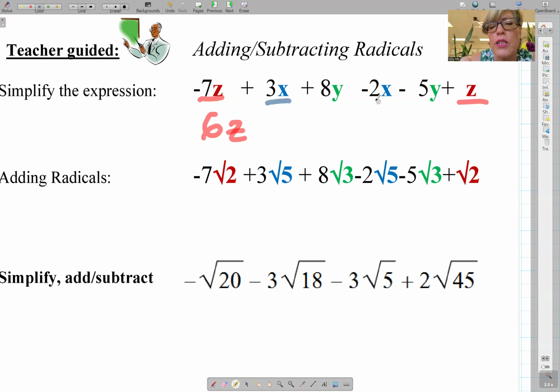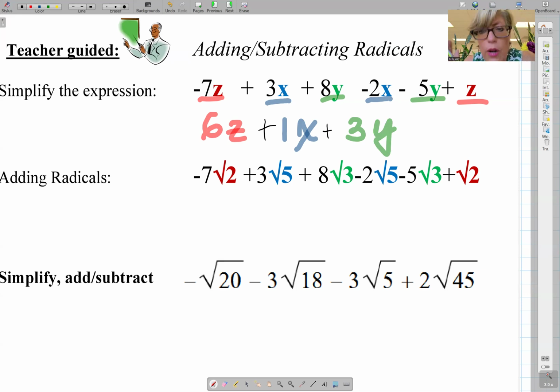Then I have 3x minus 2x. That's going to be positive 1x. Then I have 8y minus 5y. That's positive 3y. Now, you're done with that expression. Why? Because the z and the x and the y do not collect.